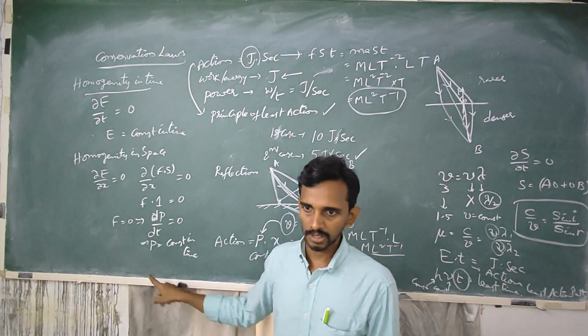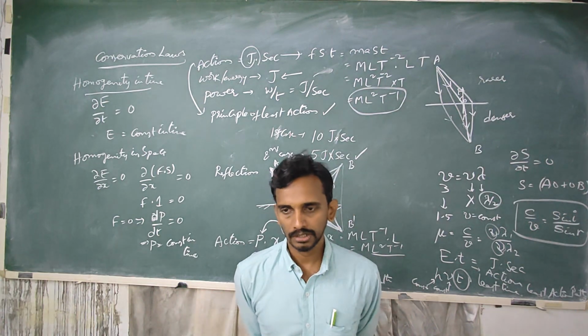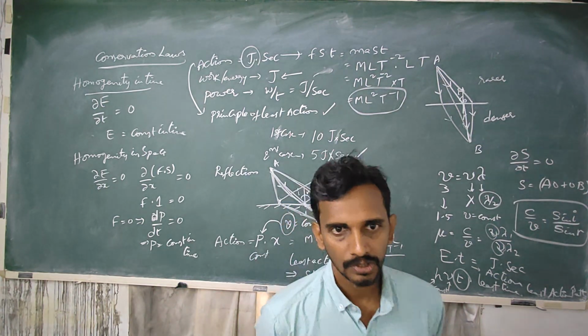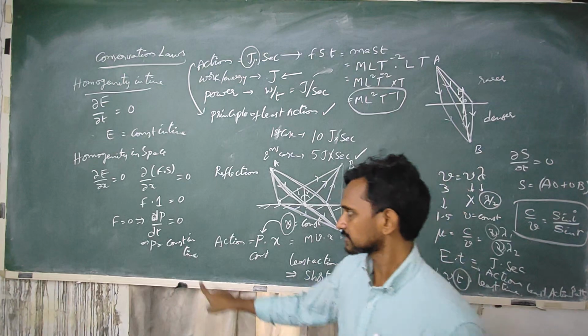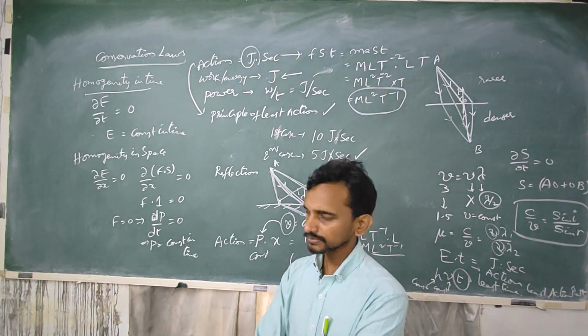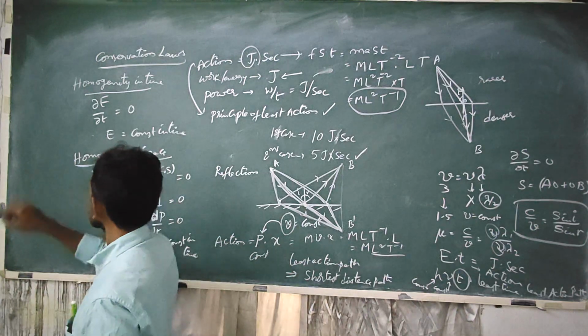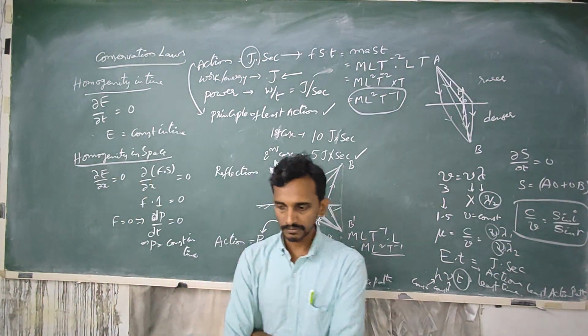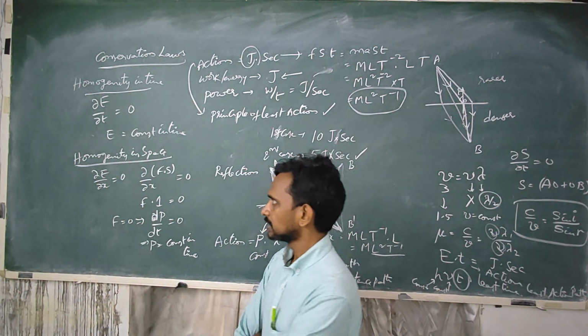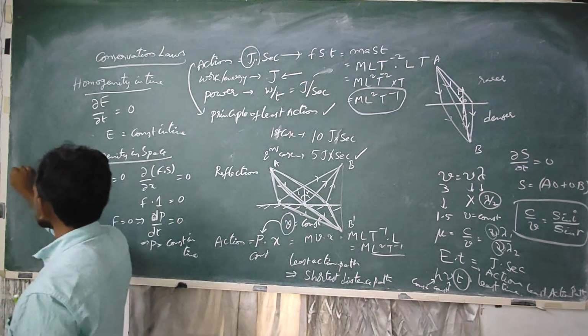Force becomes 0. Momentum is a constant of motion. So momentum remains constant as a function of time. So this is the second conservation law. The third one is isotropy in space.